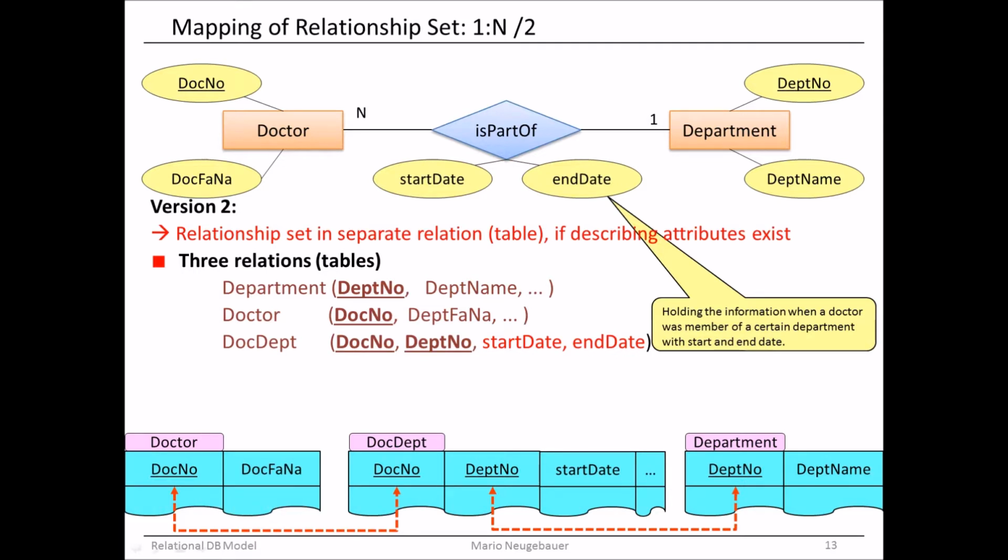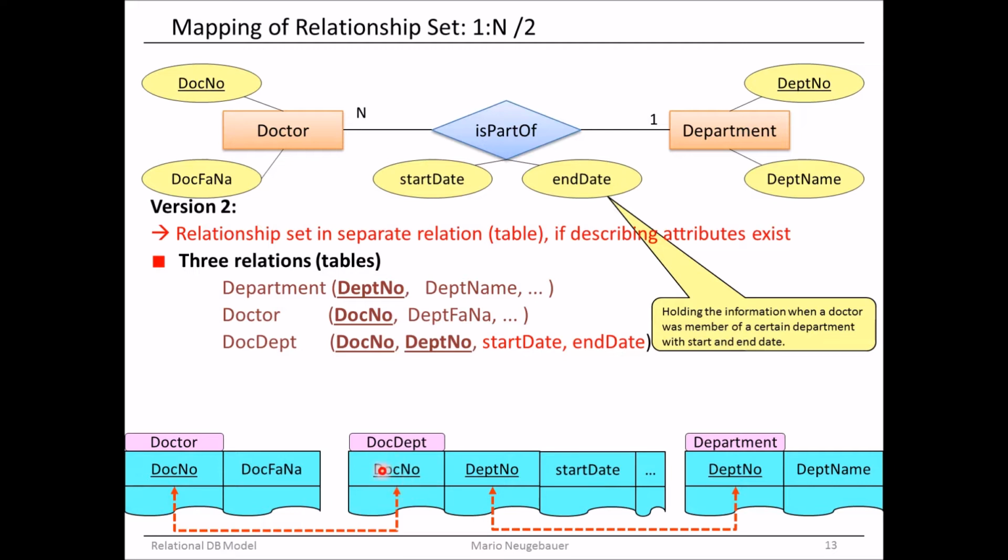For the connection now of the doctor to the department, for the concrete connection of tuples, we create a third table. Here we name it doc department. You could name it also is part of or some other expressive name. And in this table, we record the doctor number, which is a unique number for each doctor.